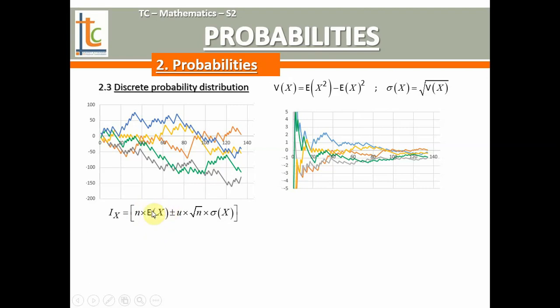The average expected gain multiplied by the number of games will give you the average cumulated gain. And to create a confidence interval around that, you have to add or subtract a second number that is calculated on a standard deviation.